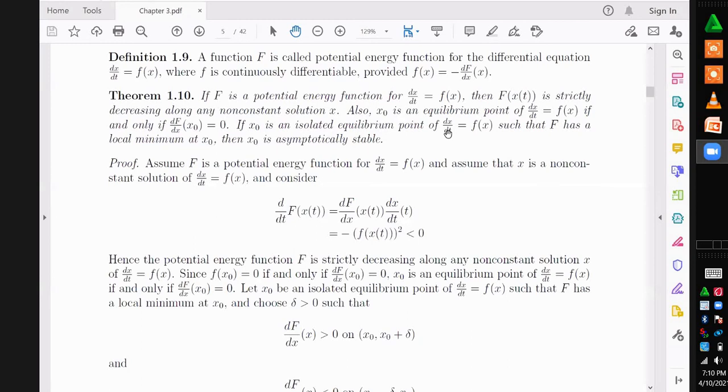Now see a theorem. If F is a potential energy function for this differential equation dx by dt is f of x, then F of x of t is strictly decreasing along any non-constant solution x.